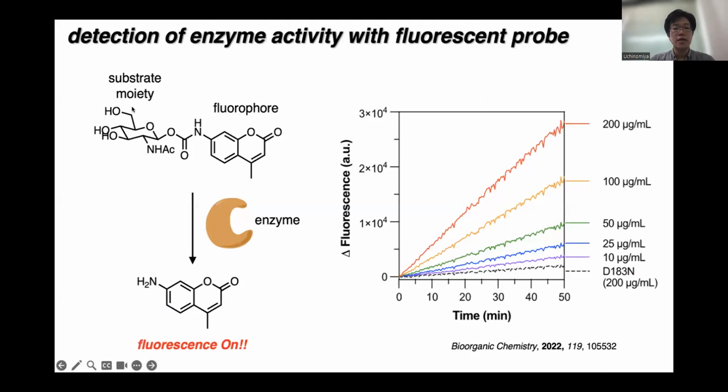So this is a simple example of detection of enzyme activity with a fluorescent probe. The fluorescent probe consists of a substrate moiety and a fluorophore. The enzyme removes the substrate moiety, resulting in a structural change of the fluorescent probe, and this fluorescent probe shows fluorescence.